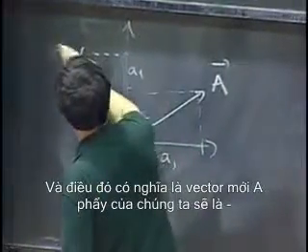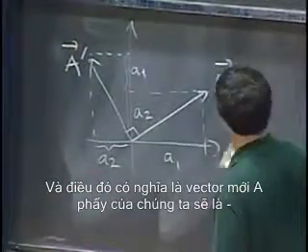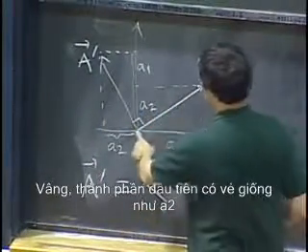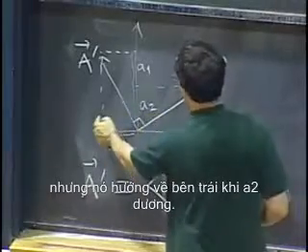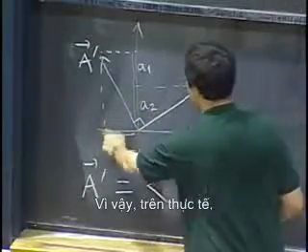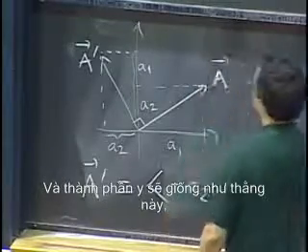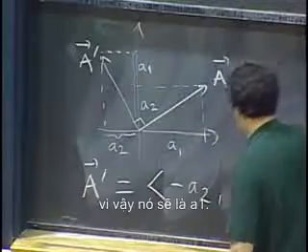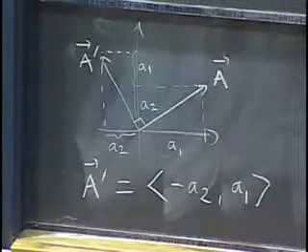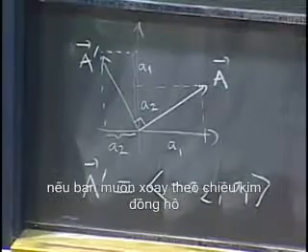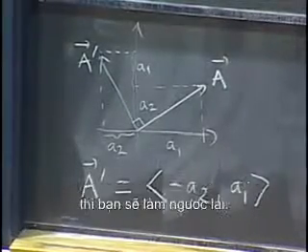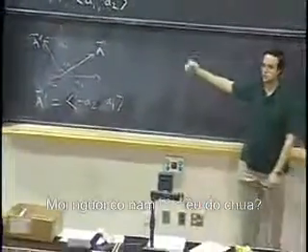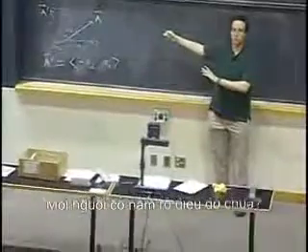And that means our new vector A prime is going to be, well, the first component looks like an A2, but it's pointing to the left when A2 is positive. So actually it's minus A2. And the y component is going to be the same as this, so it's going to be A1. Okay. If you wanted instead to rotate clockwise, then you would do the opposite. You would do A2, minus A1. Okay. Is that reasonably clear for everyone?